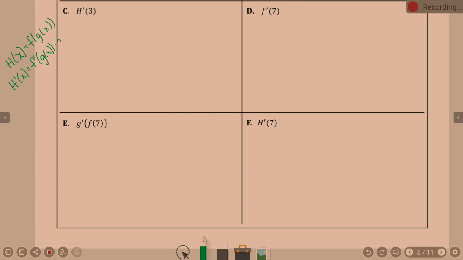I should have probably put this at the top of the page. H prime of x is f prime of g of x times g prime of x. We already did that on the back side, really. So if we're doing h prime of 3, that means I'm doing f prime of g of 3 times g prime of 3.